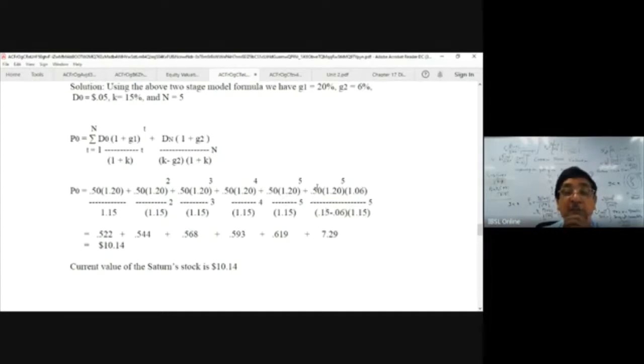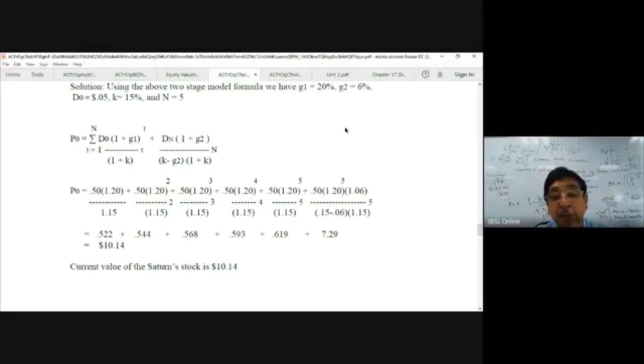Now, if it is sold, there should be a price, no? That price is calculated here. How do you calculate that price? There you can go to the one-stage model, because from that year onwards, what will happen?